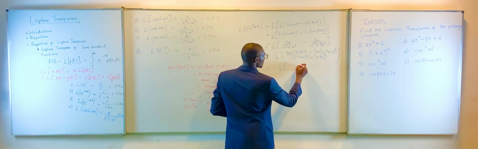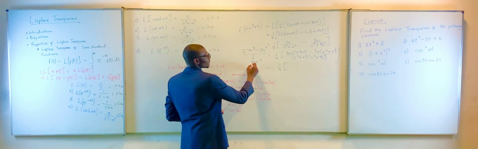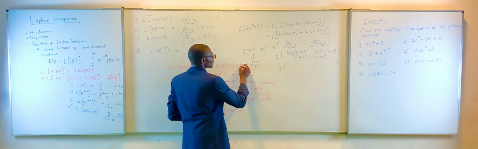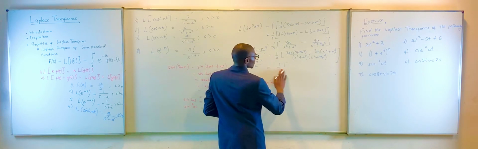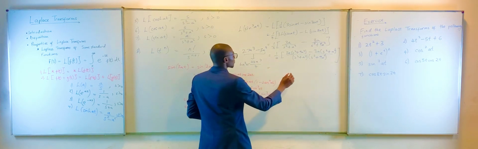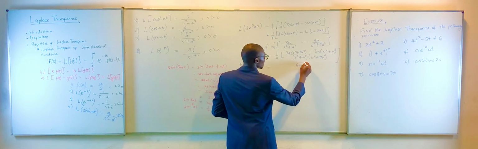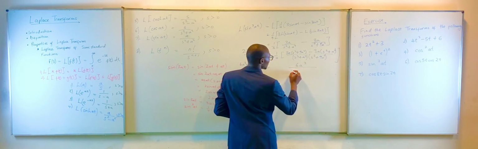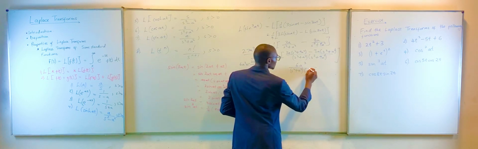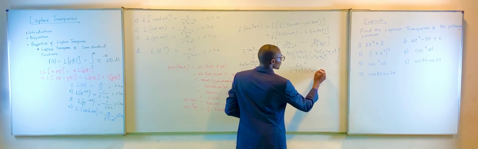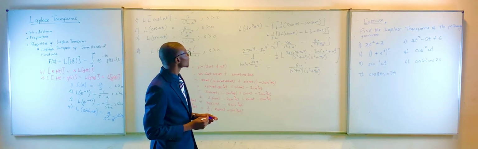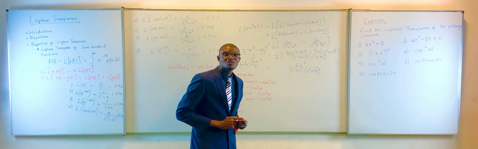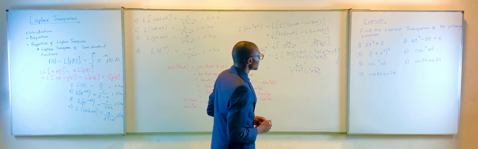So this is 24a cubed divided by 4, that will simplify to 6a cubed. So rather, now just write 6a cubed over a squared plus a squared times a squared plus 9a squared. Like this. So that's how we calculate the Laplace transform of sine cubed at.